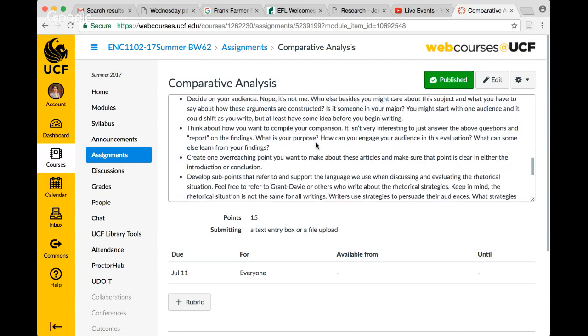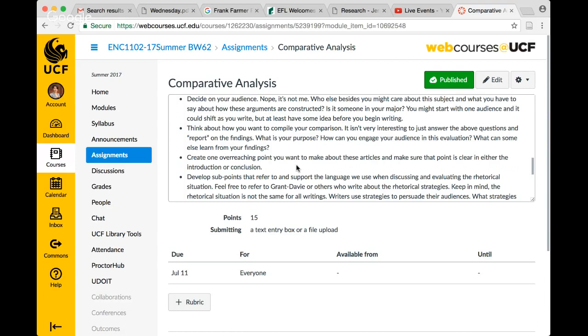Think about how you want to compile your comparison. By this I mean organization, right? So how are you going to present your analysis so that it's not just a report, right? So think about providing a claim: here's a strategy that this writer uses.